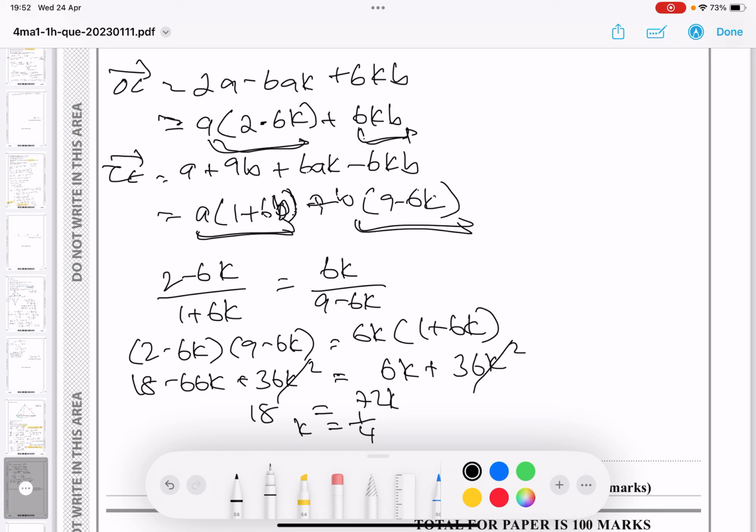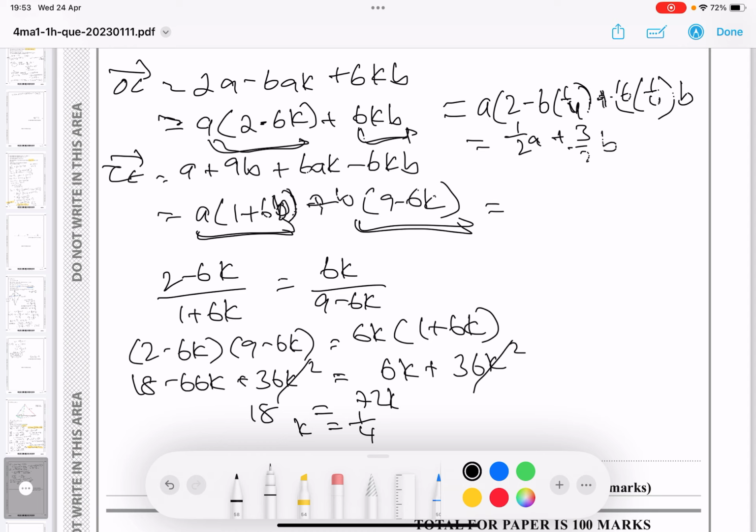So now that we found what k is, we can rewrite these vectors. We can rewrite OC and CE. So OC is going to be a, and then let's substitute a quarter for k: 6 times a quarter b, and that's equal to, if we simplify it, half a plus 3 over 2b.